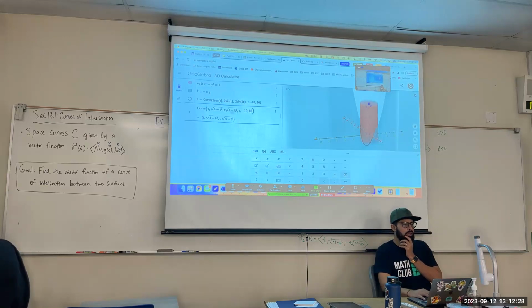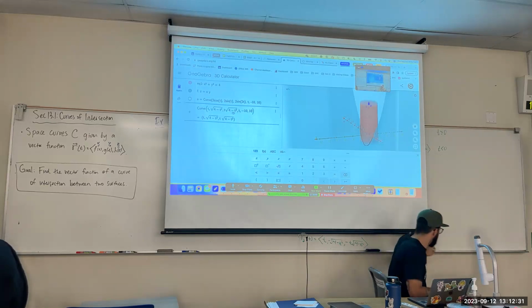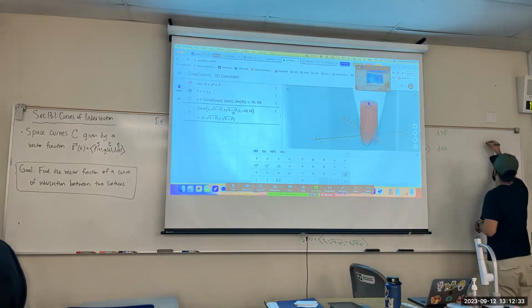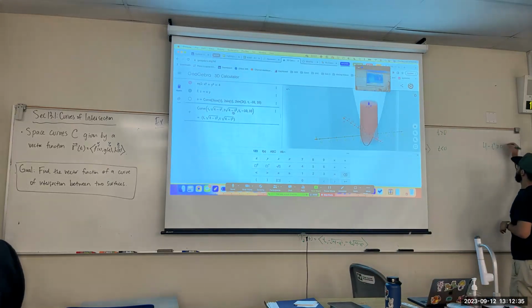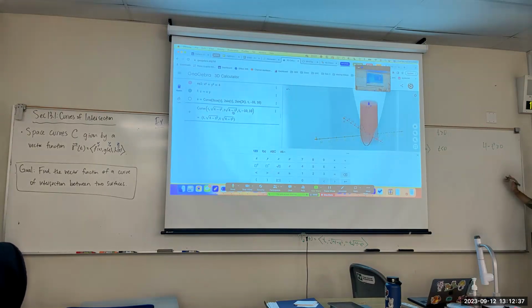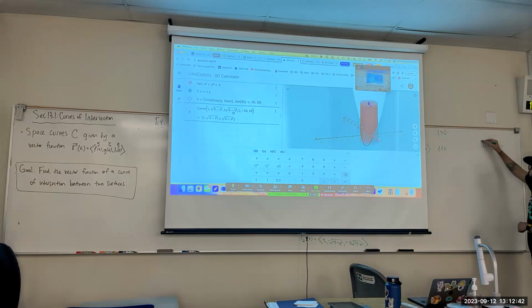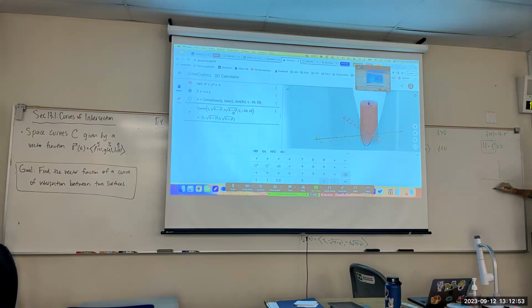What's my domain here? Because now I have a square root. We want this to be positive, or not negative, right? What does the graph of this look like? In the xy plane, it's an upside down parabola shifted 4 units up, where the intercepts are going to be -2 and +2.